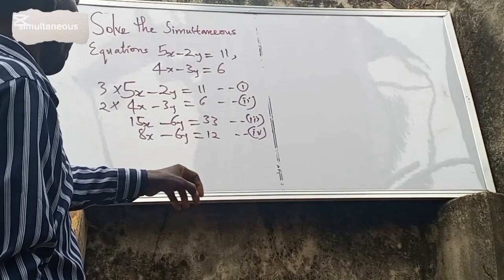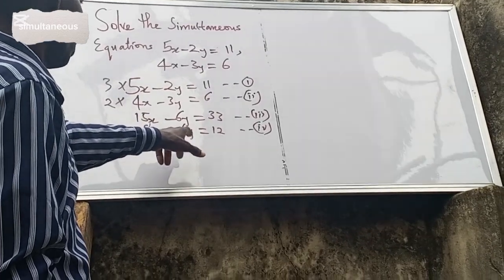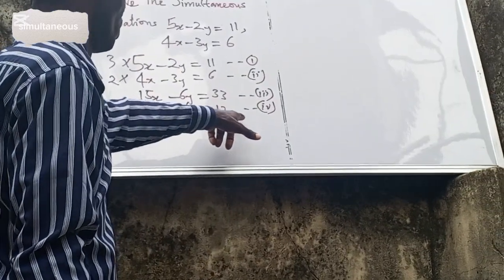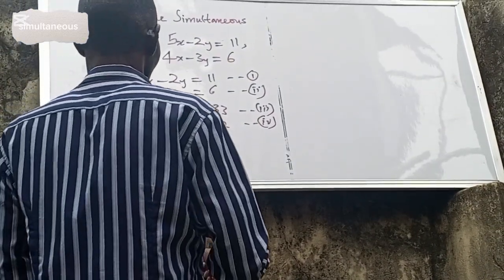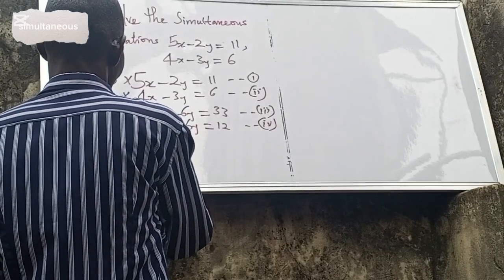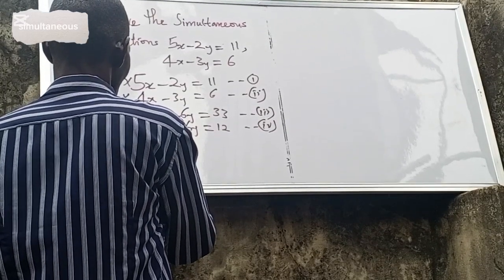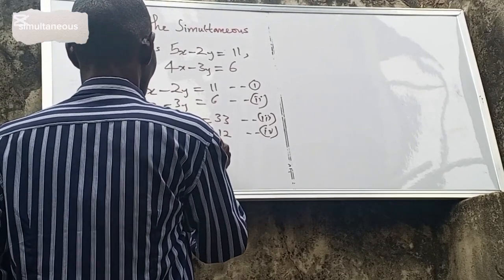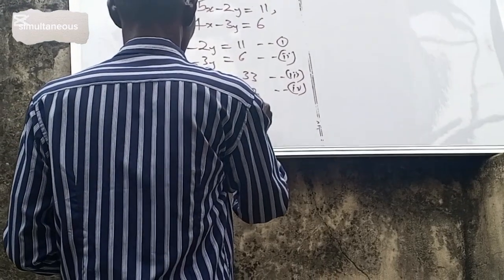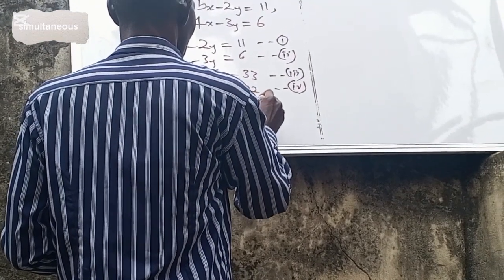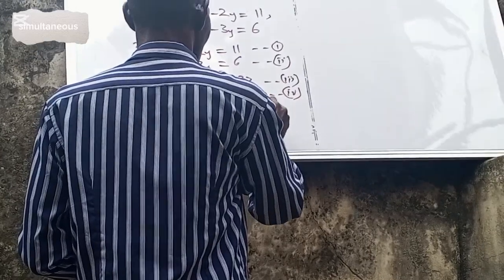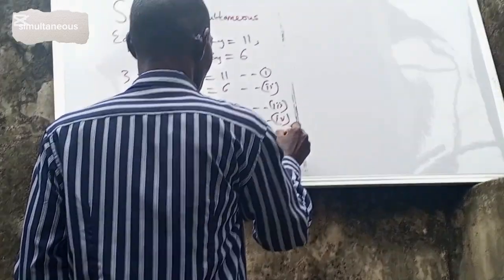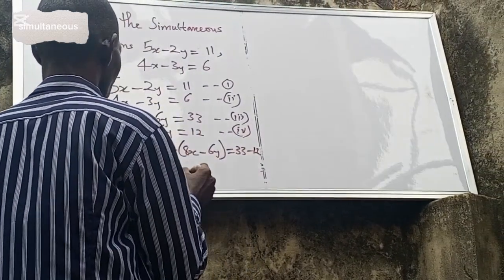What we need to do is subtract equation 4 from equation 3. So 15x minus 6y, minus 8x minus 6y, is equal to 33 minus 12.